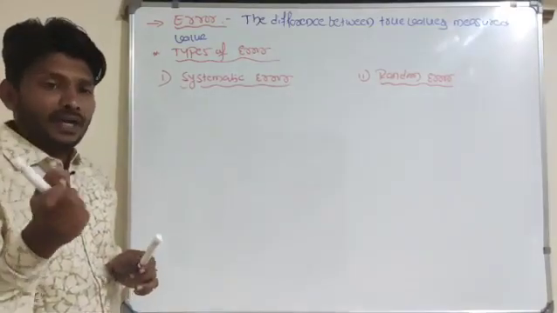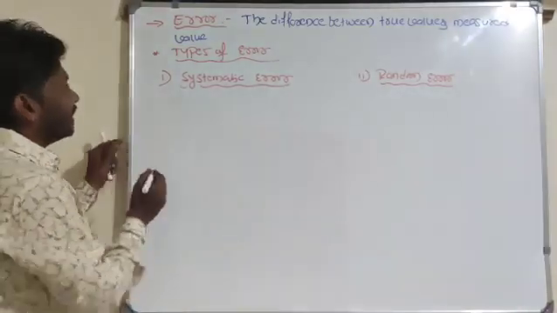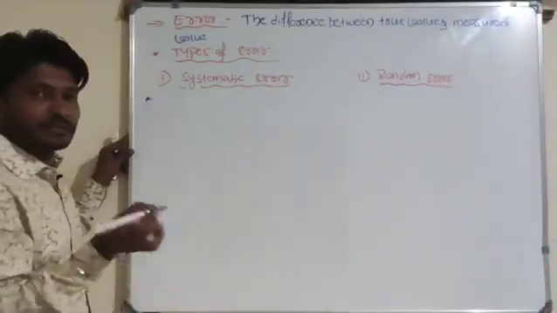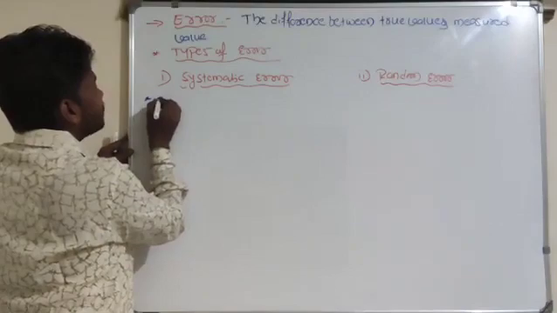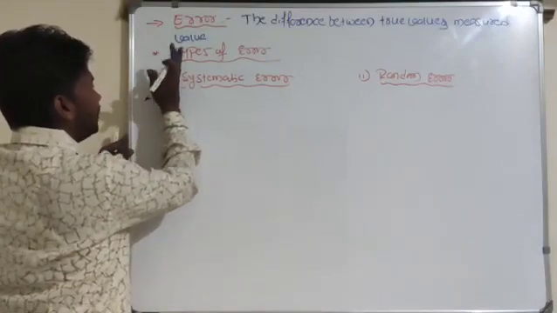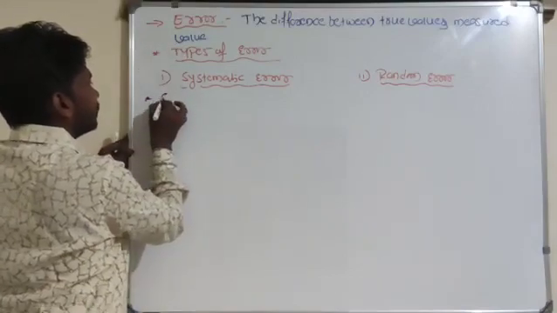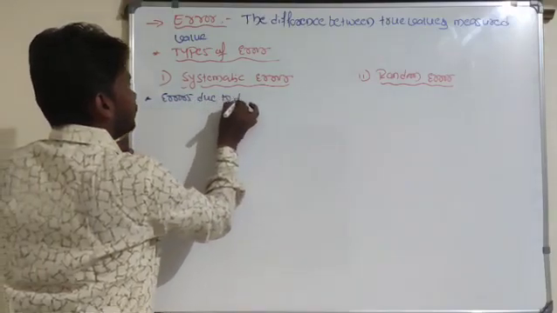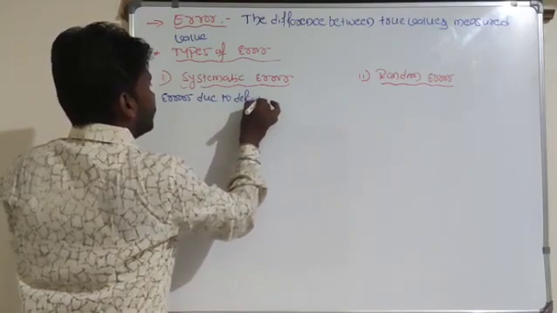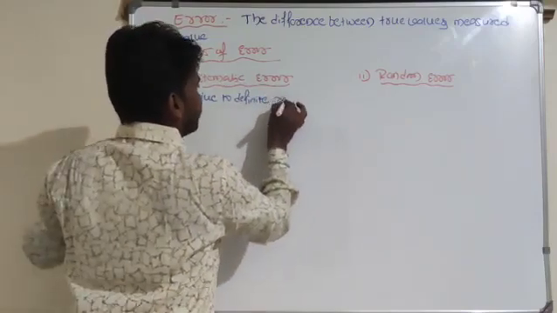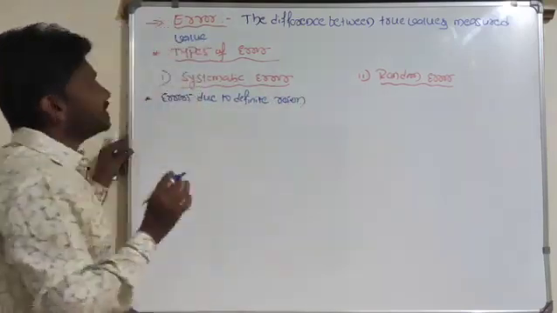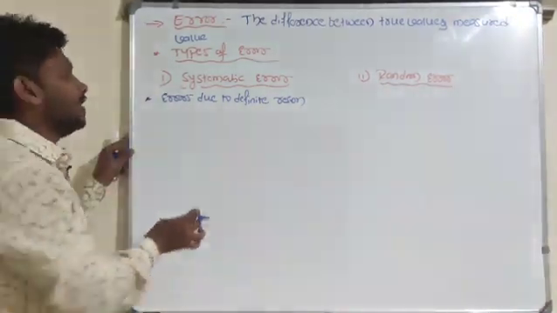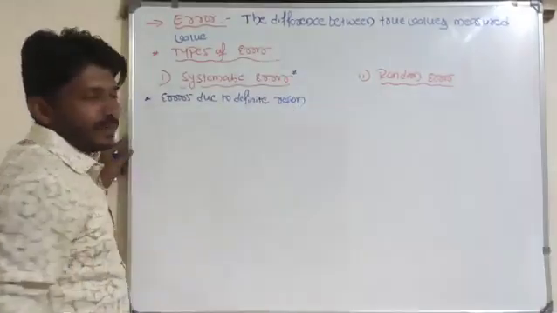Errors due to definite reason. We know the reason for the errors, so such kind of errors belong to systematic error.